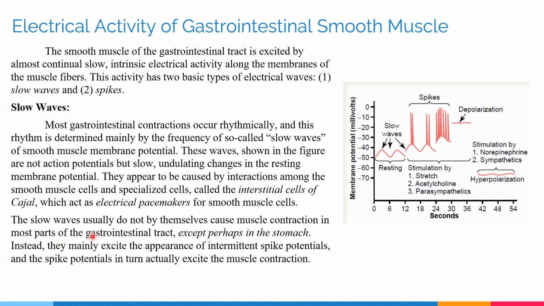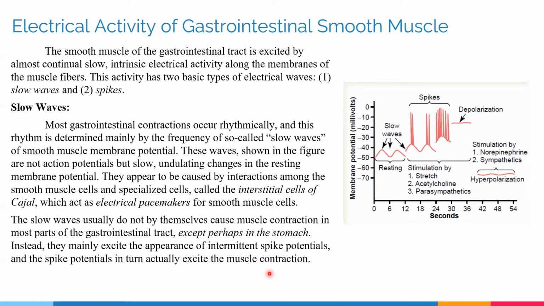The slow waves usually do not by themselves cause muscle contraction in most parts of the gastrointestinal tract, except perhaps the stomach. Instead, they mainly excite the appearance of intermittent spike potentials, and the spike potentials in turn actually excite the muscle contraction.